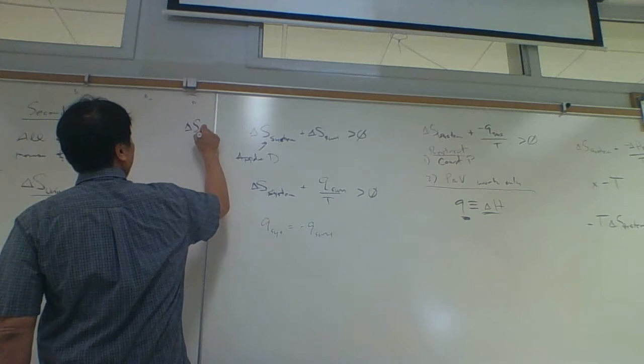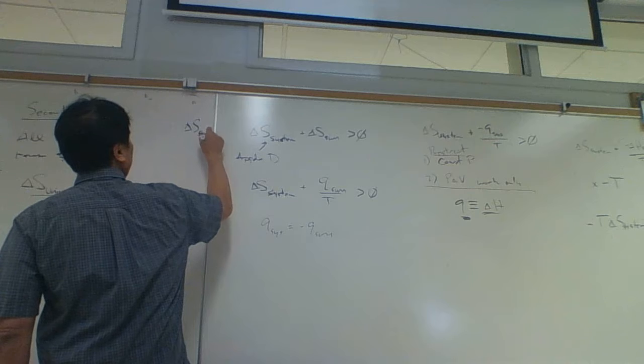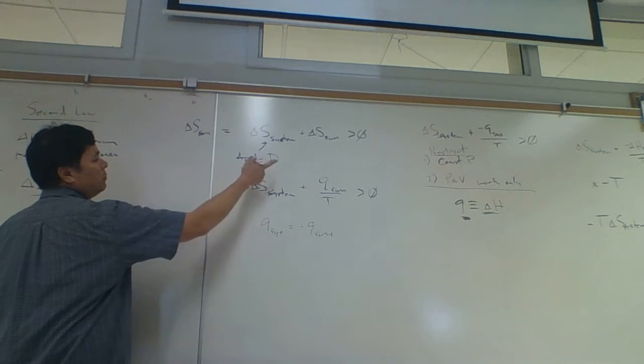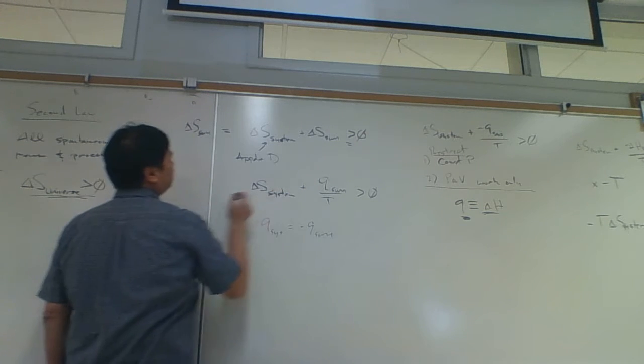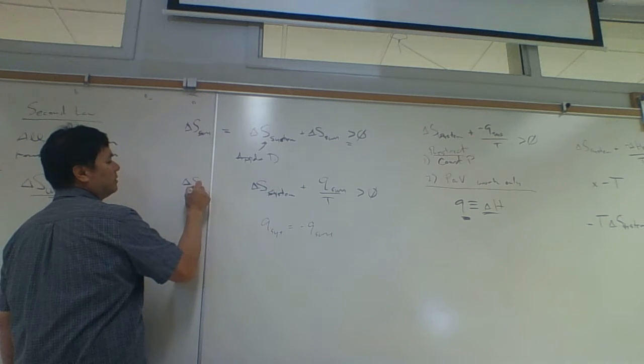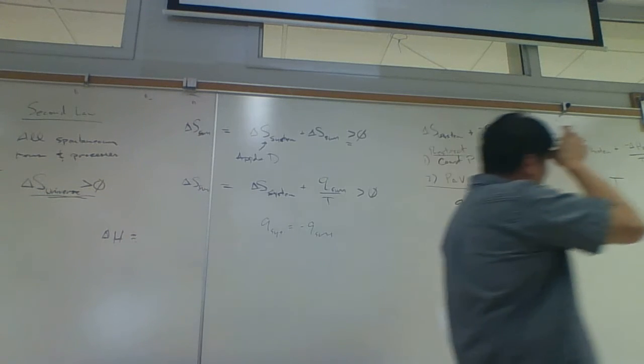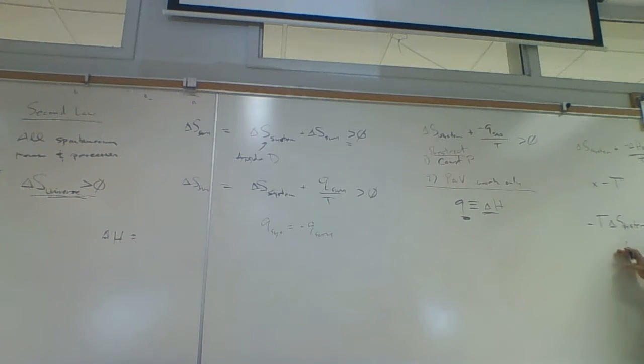Delta S of the surroundings is equal to this, and we want this to be greater than 0. And so delta S of the surroundings is equal to this. Sorry, I should have put that in there.